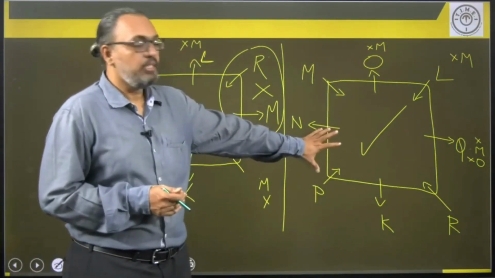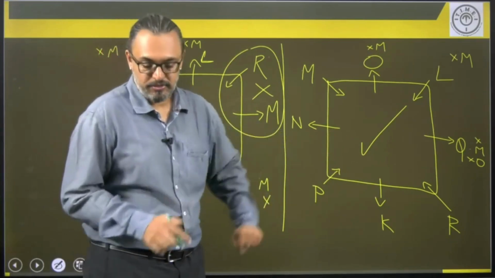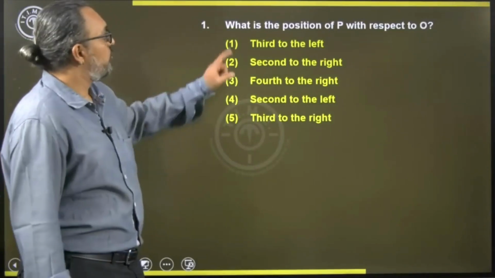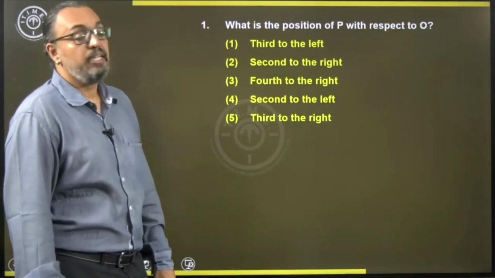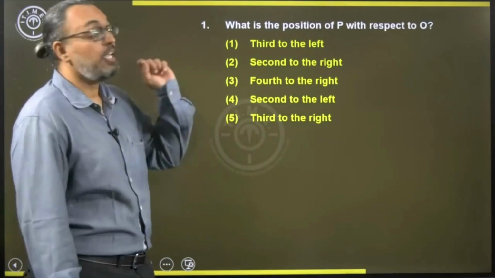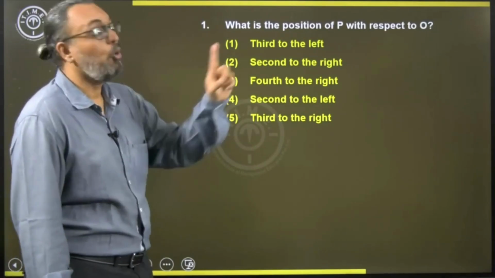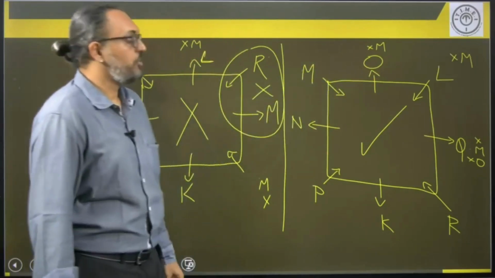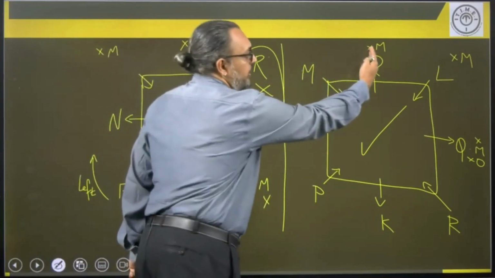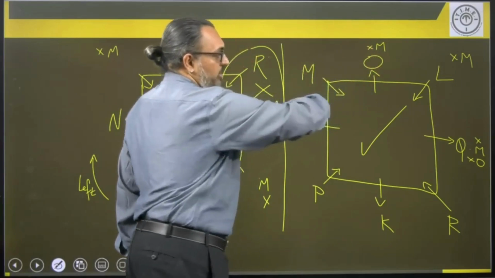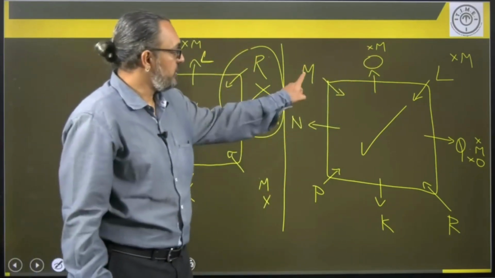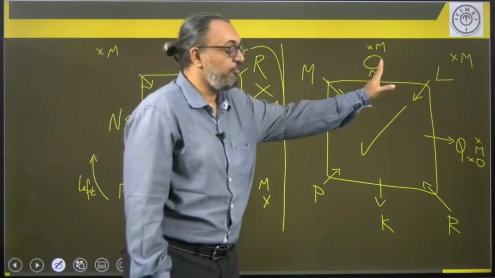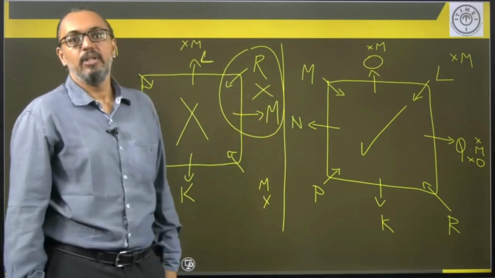Right. So now, based on this, let's have a look into the questions. The first question is, what is the position of P with respect to O? So he's asking what is the position of P from O. So from O, if I take the anti-clockwise direction, first, second, third to the left, because facing away from the center, third to the left we have.